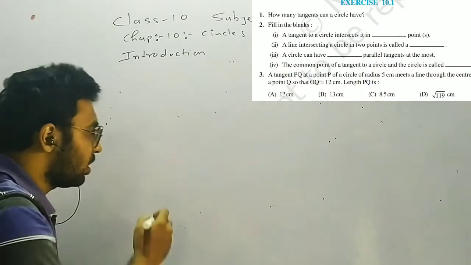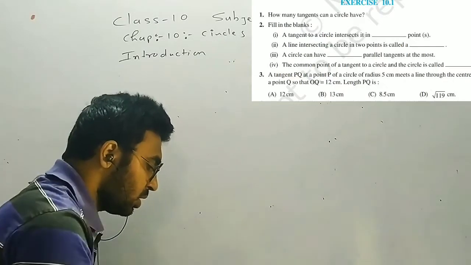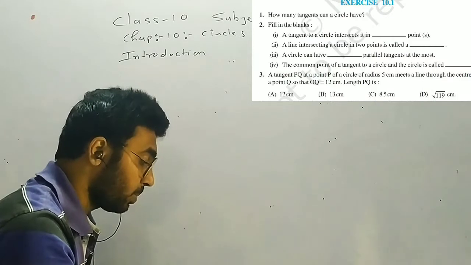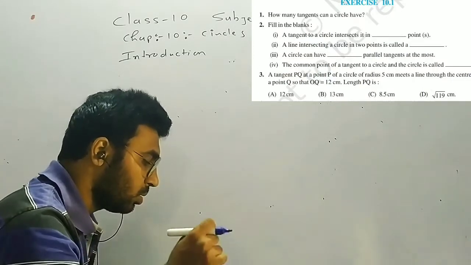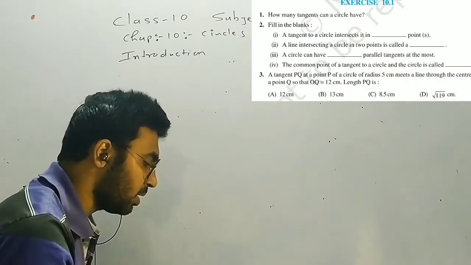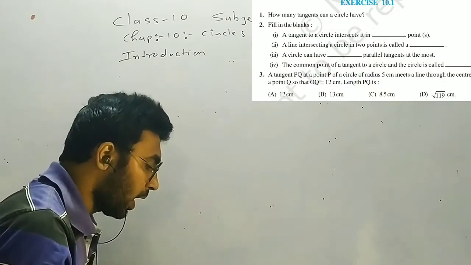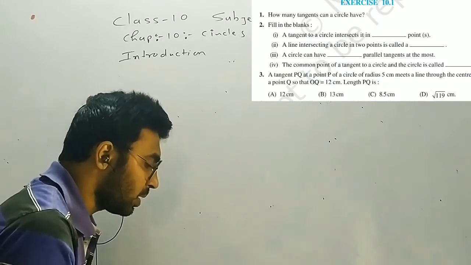Now, you can see the third question on your screen. I am solving the first question. Read what the question says: a tangent PQ at a point P of the circle of radius 5 centimeters meets the line through the center O at point Q, so that OQ is equal to 12 centimeters.